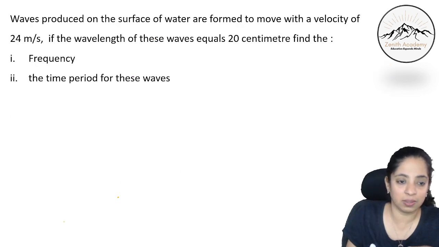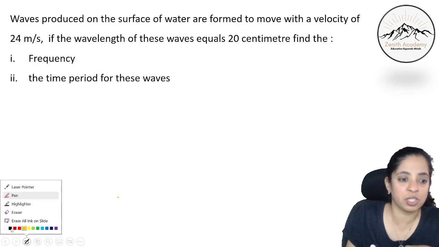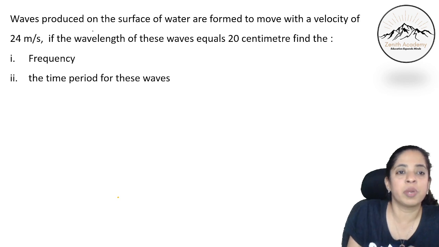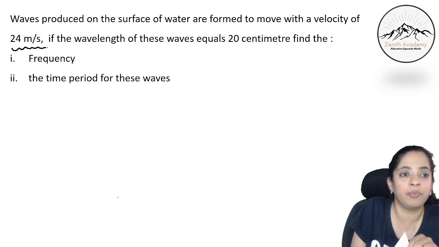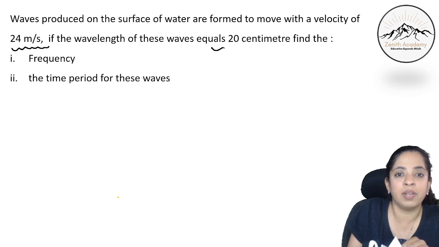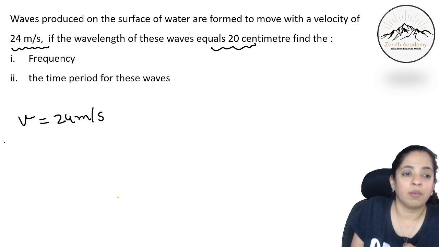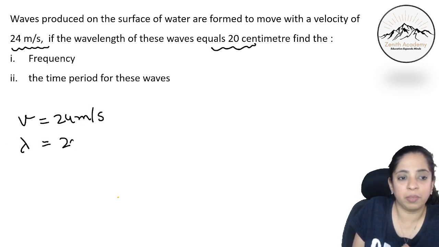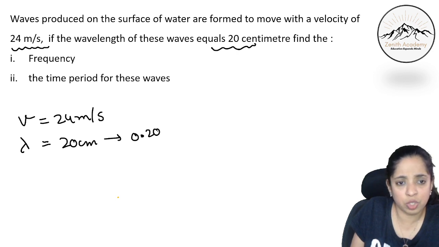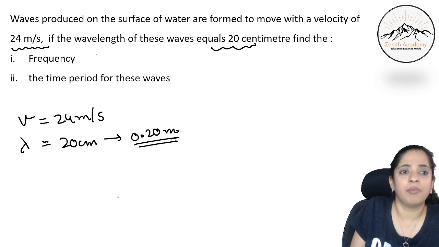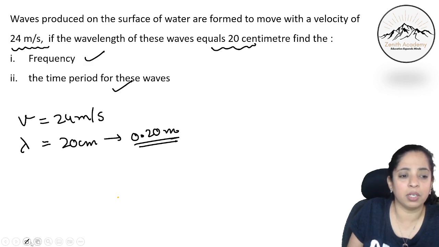Now this is almost the same type of question, again repeated. Waves produced on the surface of water are found to move with a velocity of 24 meter per second. Wavelength is given, 20 centimeter, which we can convert into meter, 0.20 meter. Find the frequency and the time period.